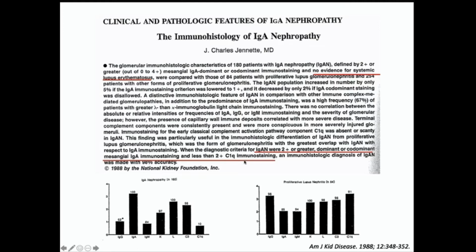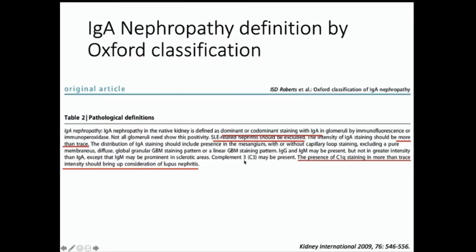Okay, let's keep going, fast forward to the definition of IgA nephropathy. So this is from the Oxford classification of IgA nephropathy, originally published in 2009. And then in 2016, there is an update of the Oxford classification. In the original classification, we only included MEST, but then in 2016, we included another feature, MEST-C, which is crescent.